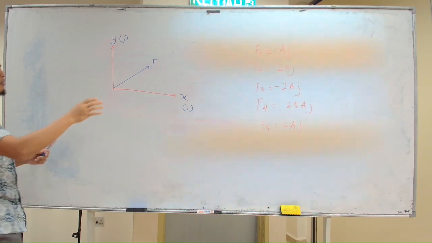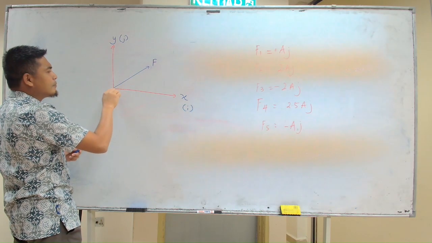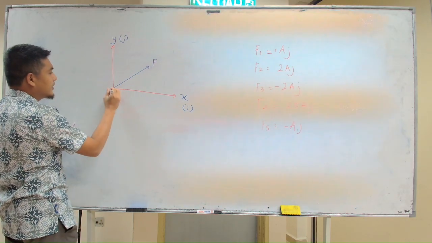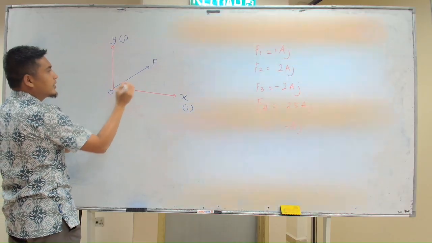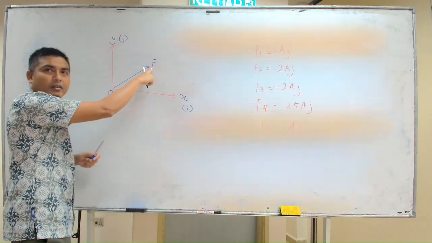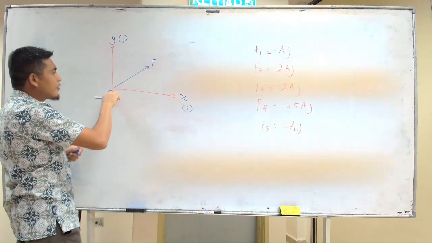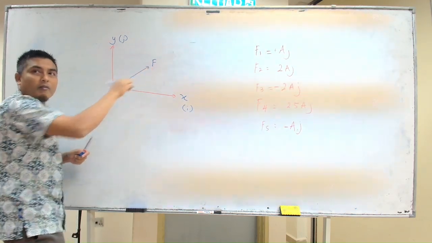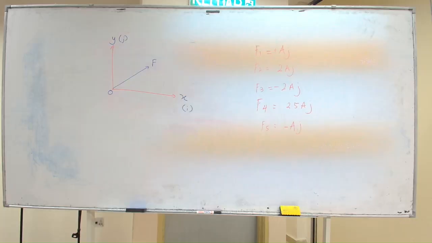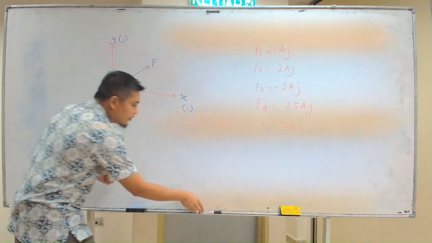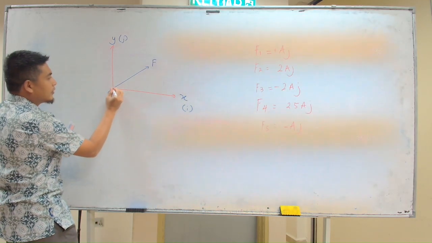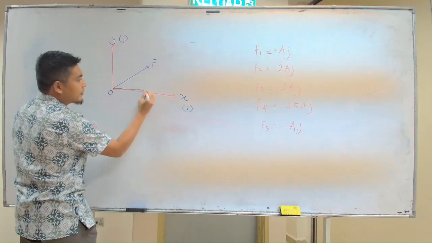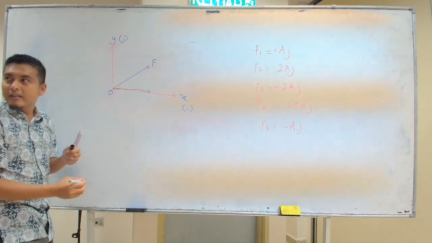So what do you think? What is the way I can move from here? This is my original position and this is my target. How can I move from here to there, by referring to the vertical and horizontal directions? I need to move horizontal first, is it correct?